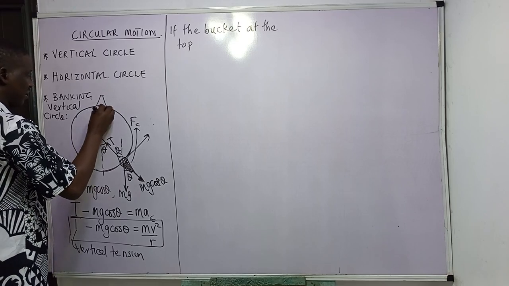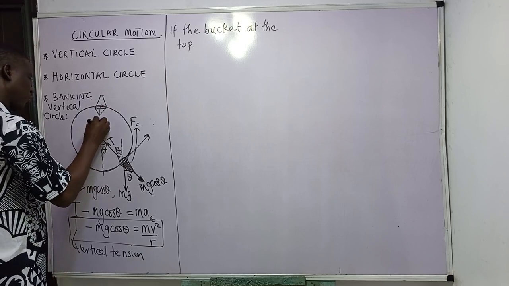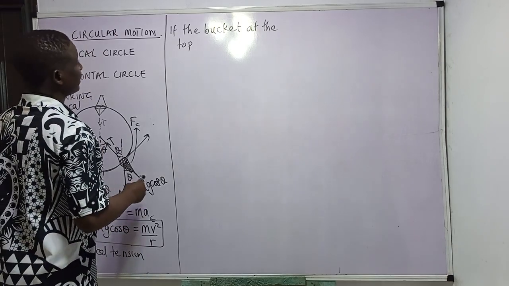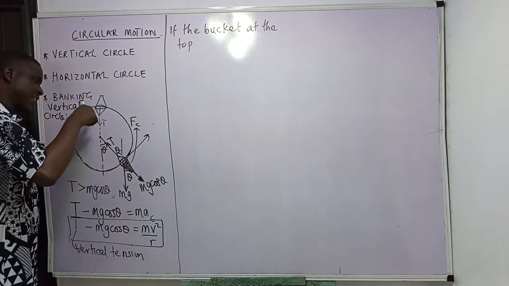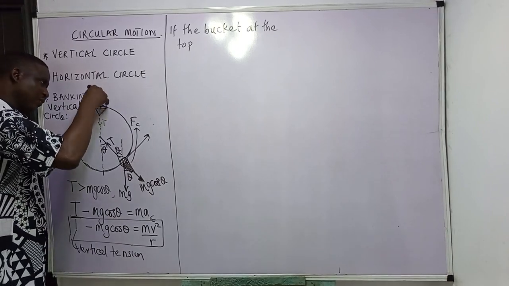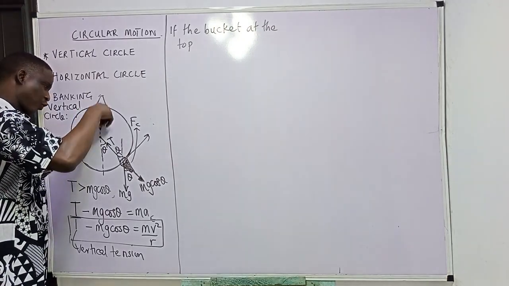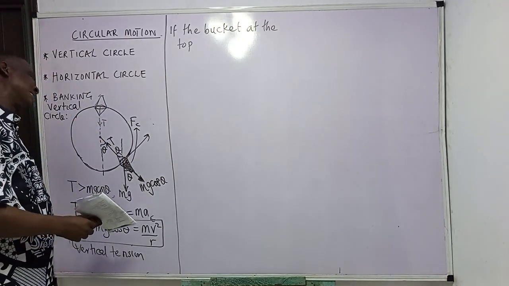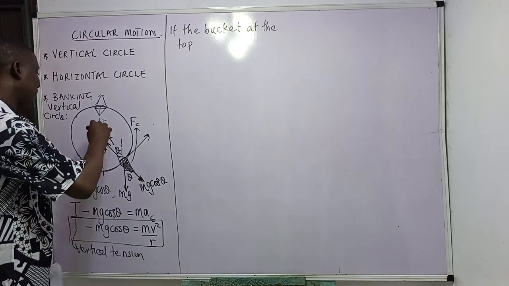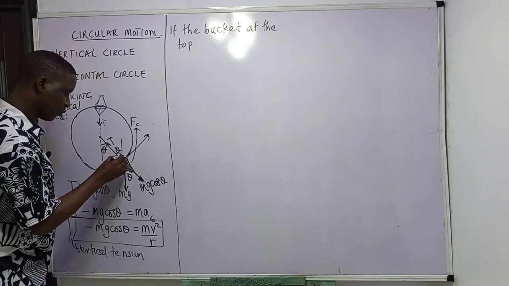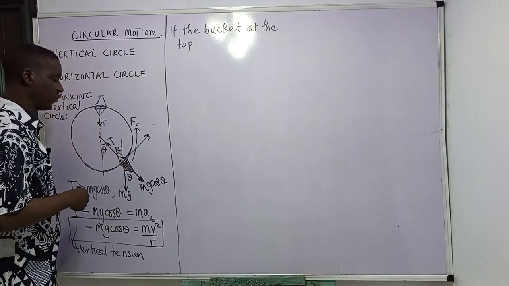If the bucket is here, the tension, which is acting downward, has less work to do. Because it's now moving in this direction, there will be more force in this direction to assist the tension force. So it's not like here when it's against.